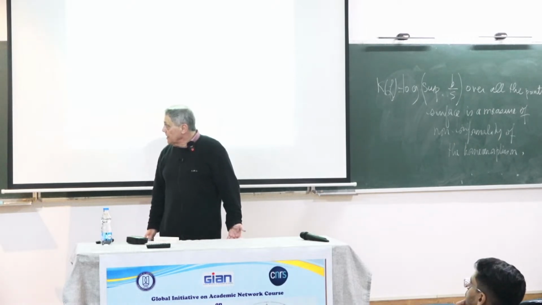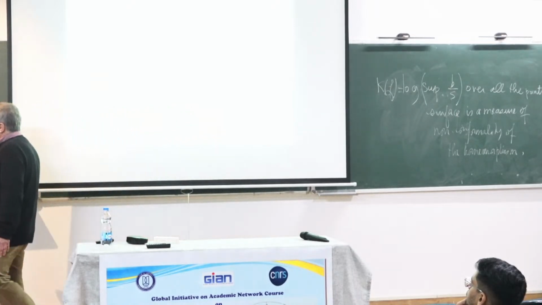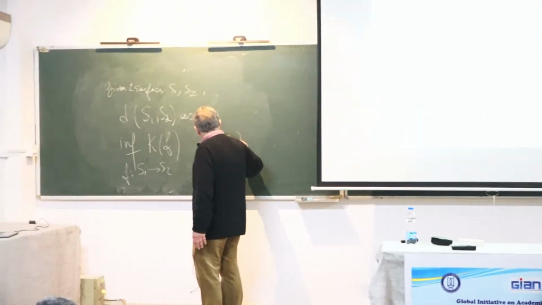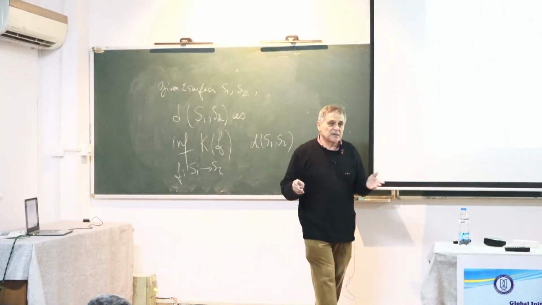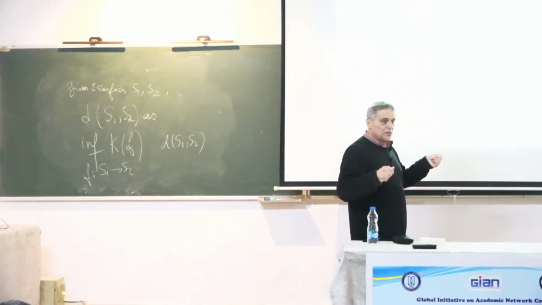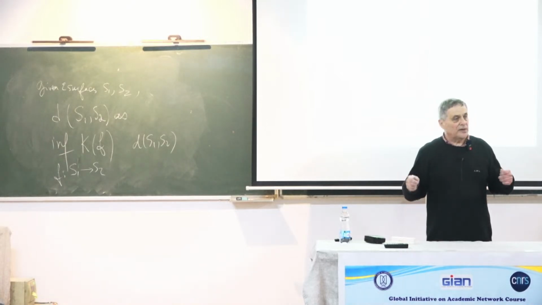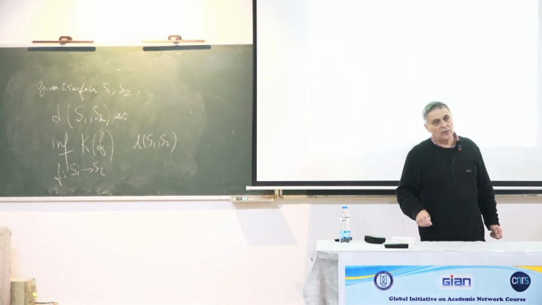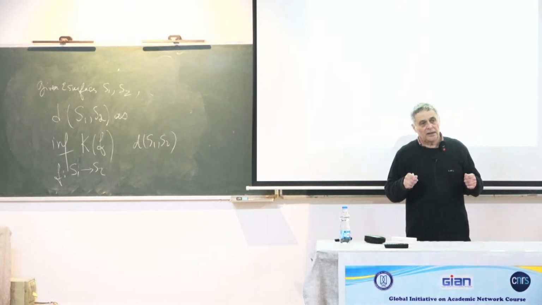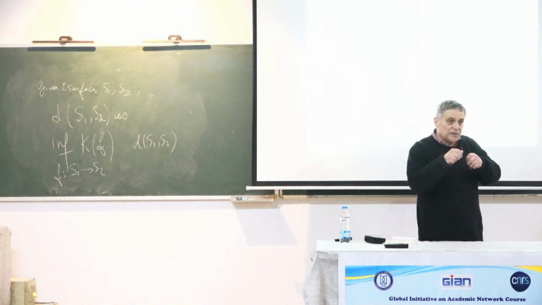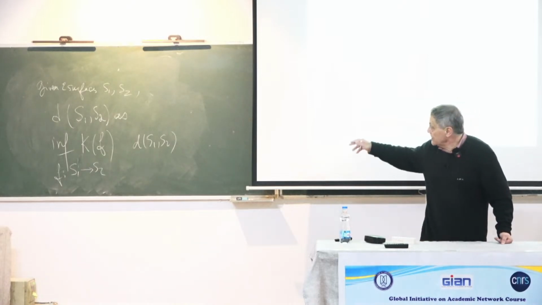So it's not very difficult to see that this distance d of S1, S2 satisfies all the properties of a distance. The distance from S1 to S2 is equal to the distance from S2 to S1, and then the triangle inequality, because we put the log, so the multiplication which comes from the composition will be transformed into an addition, and so on.